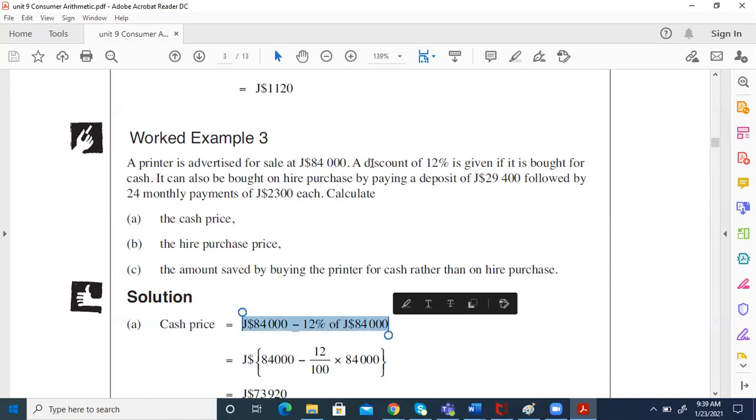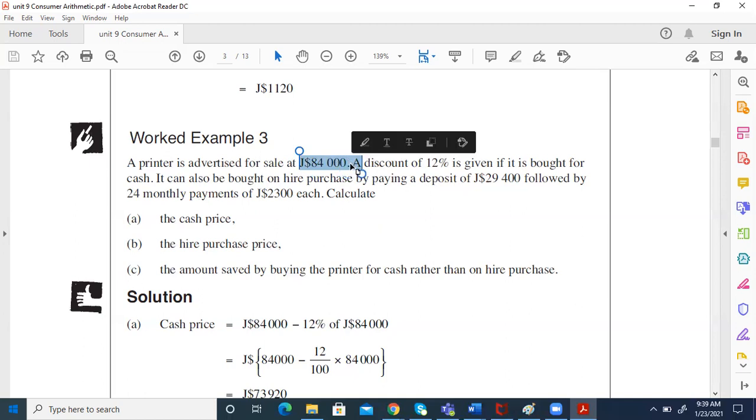Or the short way is to just multiply this by 88%, right? Because if this represents 100%, and I'm going to pay 12% less, that means I'm going to pay 88% of this. And then you find what is 88% of this, and you're good to go.